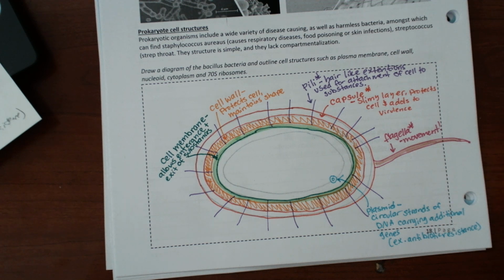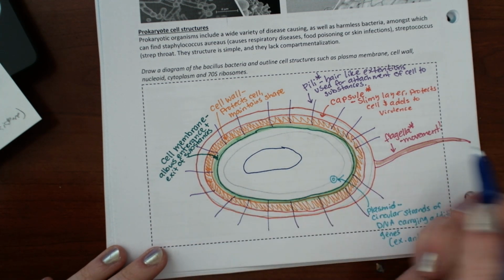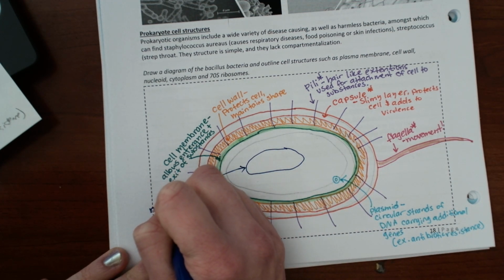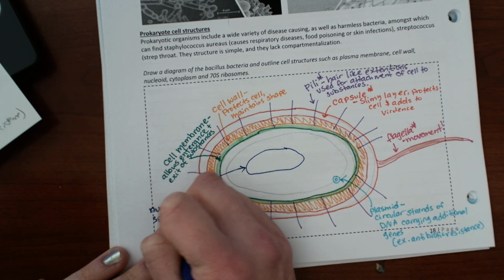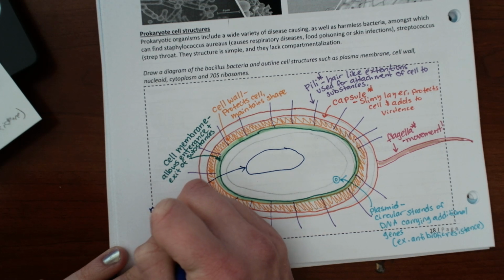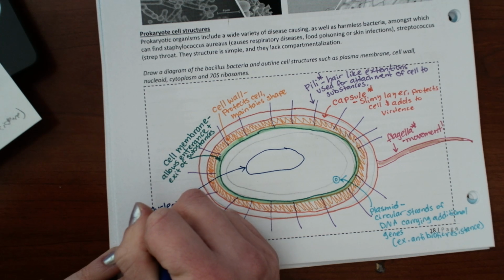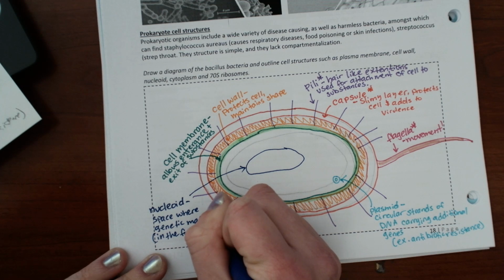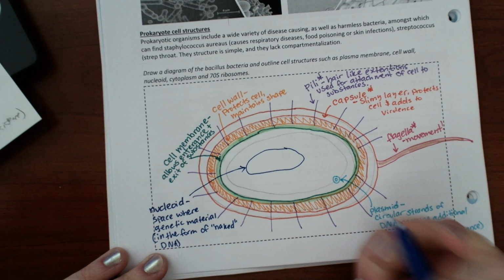Because we made our plasmid blue, we'll make the nucleoid blue too. So ugly. I'm so sorry. So that's our nucleoid. Again, present in all of them. It's just like the space where genetic material, in the form of naked DNA or unwound, unprotein-bound DNA, is.